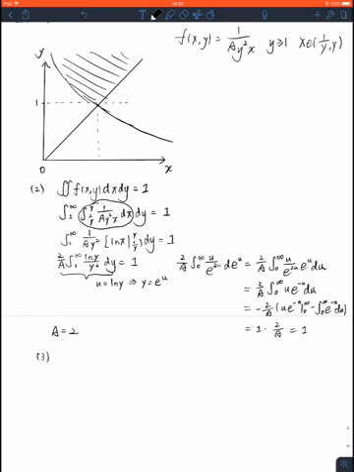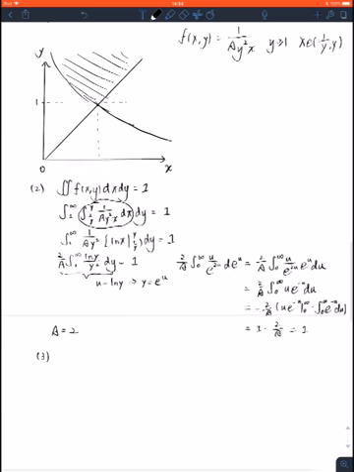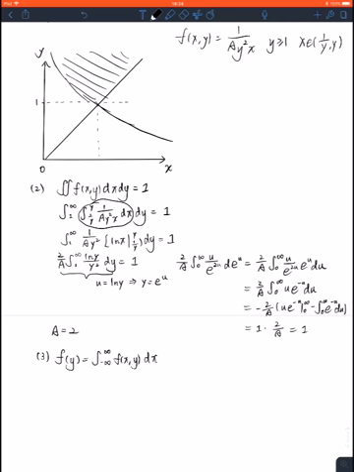Then in question 3, we have to find and draw the marginal density functions f_X and f_Y. In this case, we just use the definition of the marginal density function, that is f_Y equals the integral from minus infinity to infinity of f(x,y) dx.